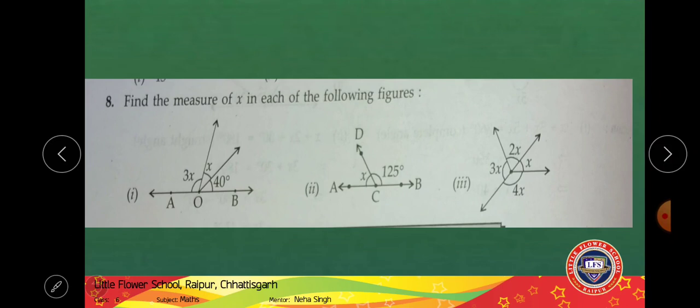Now moving to the next question, find the measure of x in each of the following. Now how can we find the measure of x? What are we going to do? See, these angles will form a straight angle. The sum will be 180 degree, right?